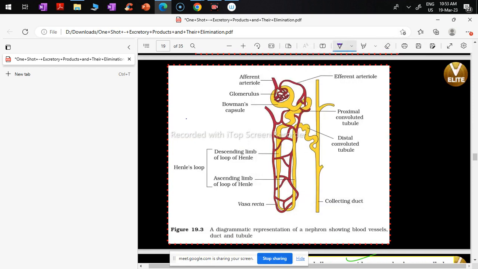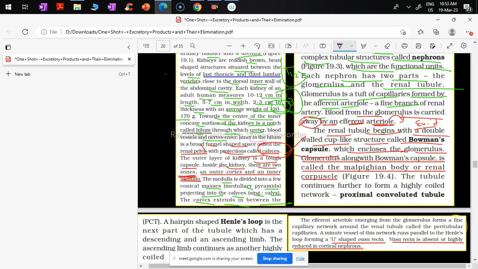Okay, so I think you are aware that there is a cup-like structure here, which is the Bowman's capsule, and in this Bowman's capsule only the glomerulus is present. Now, as I told you, there are two main parts in our nephron.